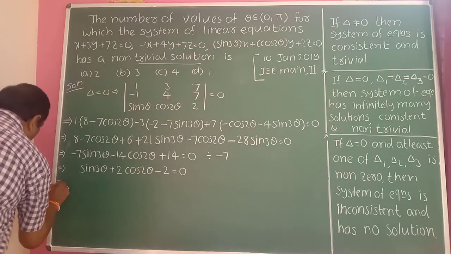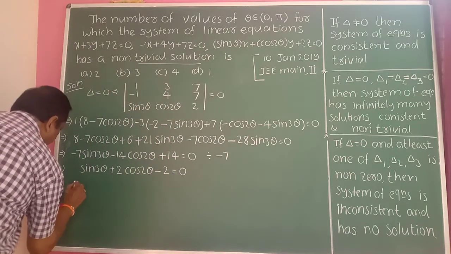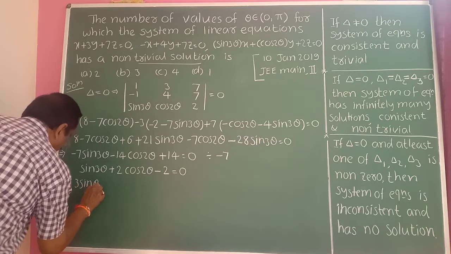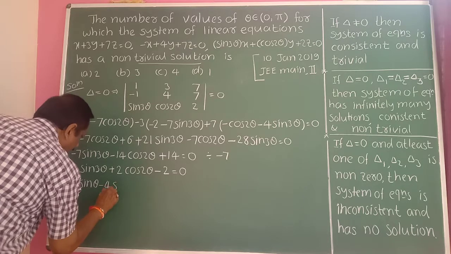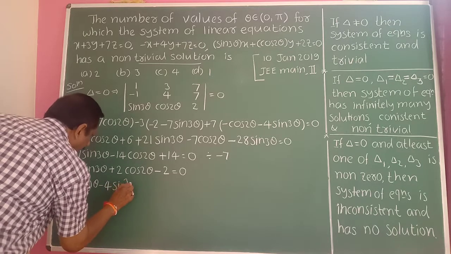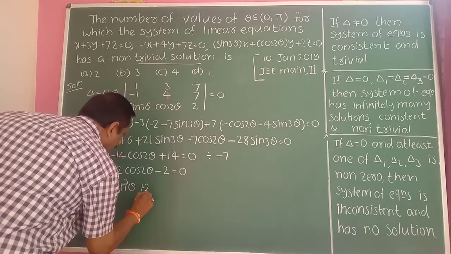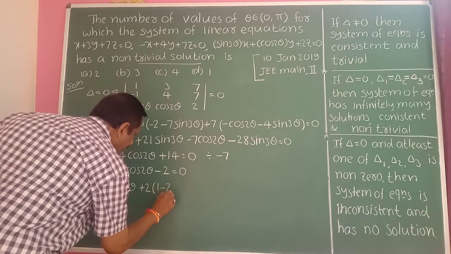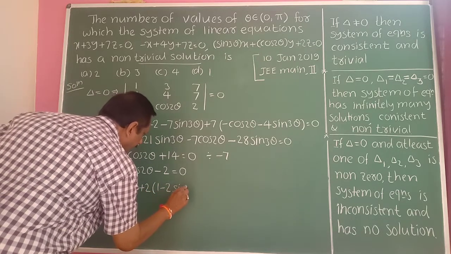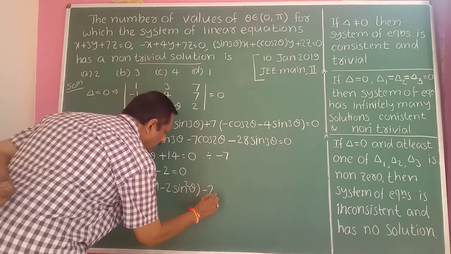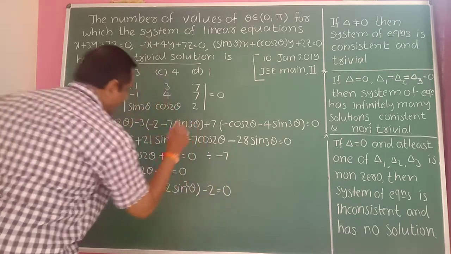So use the trigonometry formula: sin 3 theta is 3 sin theta minus 4 sin cube theta, plus 2 into (1 minus 2 sin square theta), then minus 2, is equal to 0.